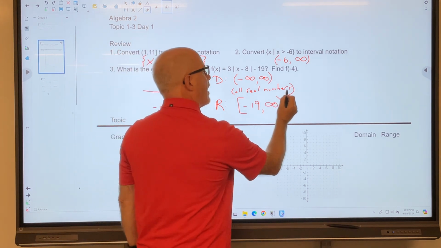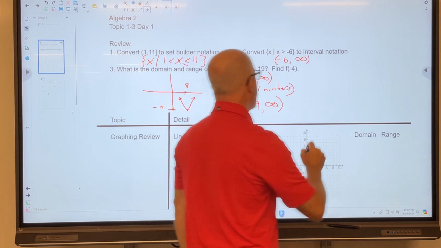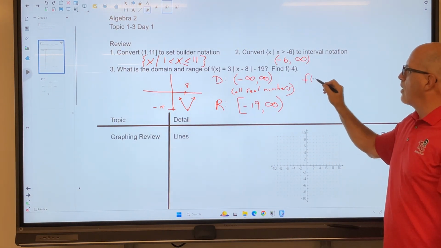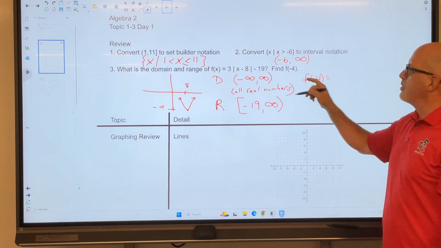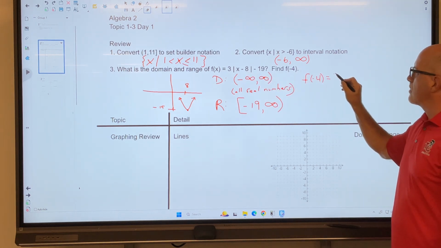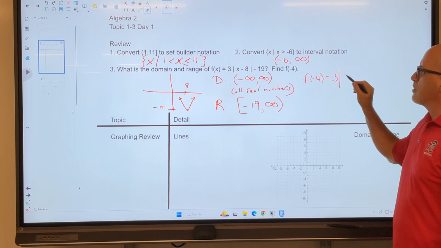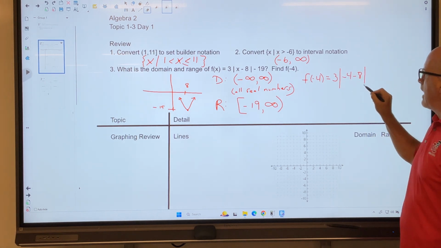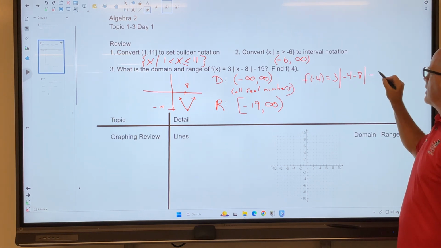All right. Now, last thing it says here, let's use function notation. Find f of -4. That means you substitute -4 in for x. So 3 times the absolute value of -4 minus 8, minus 19.